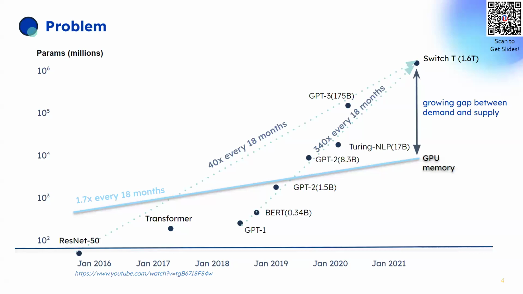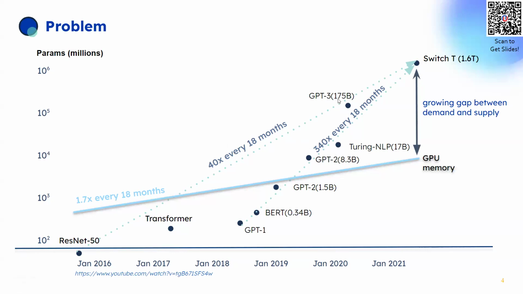That's very crazy. So for every 18 months, the model size can increase by 40 times. For the years between 2018 and 2021, they increased 340 times every 18 months.